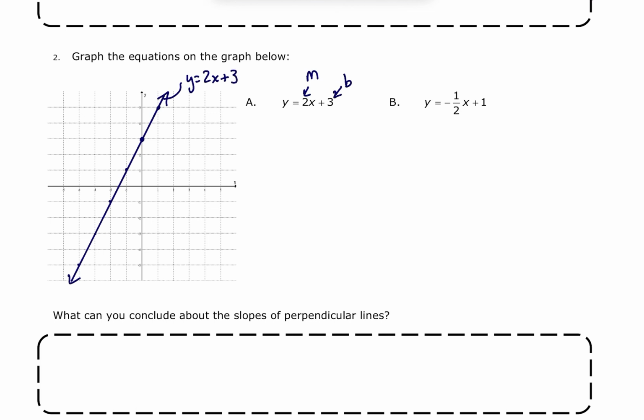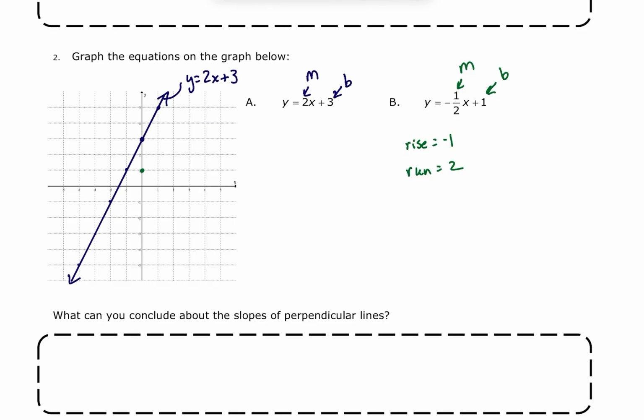Our second equation is also in slope-intercept form. Notice that our slope this time is negative. So as we are going to the right, our line should be decreasing. And our y-intercept is at 1, so we're going to put a 1 there. Our rise is -1. Our run is 2.